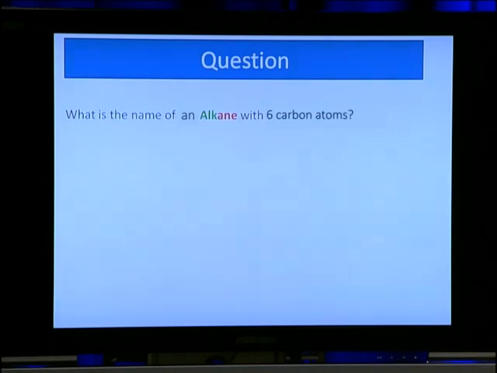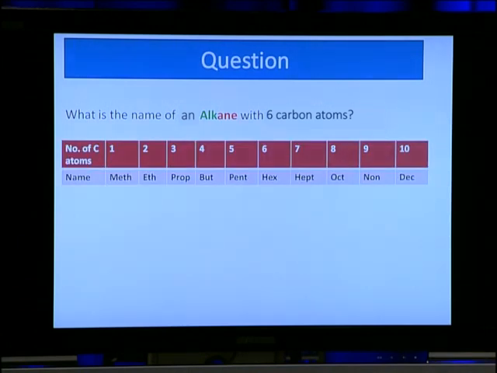So let me take you through a question here based on what we've learned about the alkane. The question says, what is the name of the alkane with 6 carbon atoms? Do you think you can do this? We can use this table whereby naming of hydrocarbon is based on the number of carbon atoms.